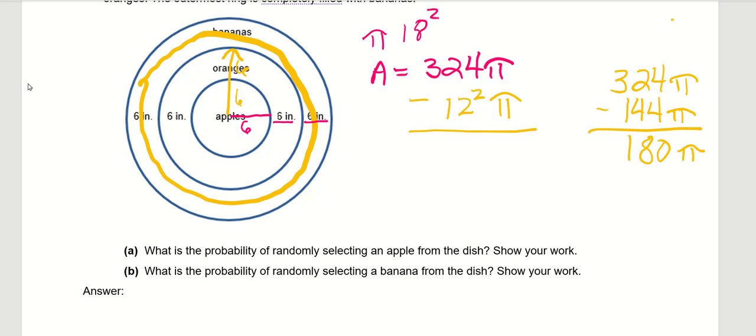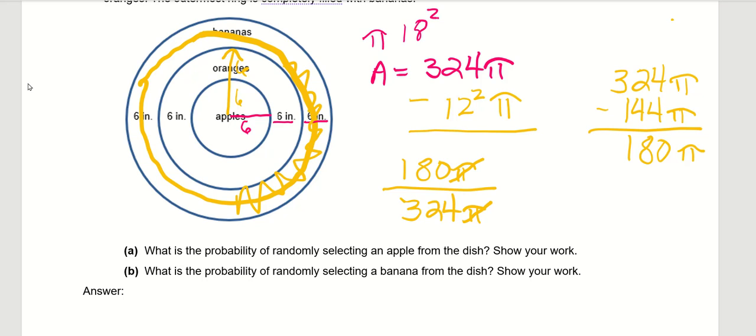All right, so that 180 is going to be this section that's remaining, that's filled with bananas. So we put part over whole, and then simplify.